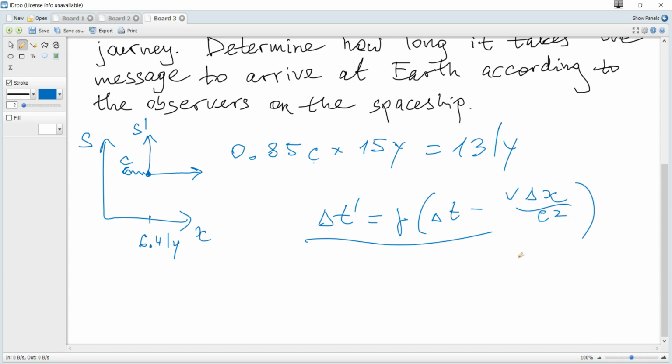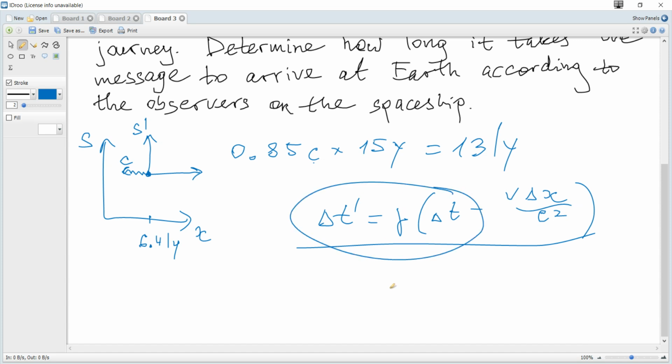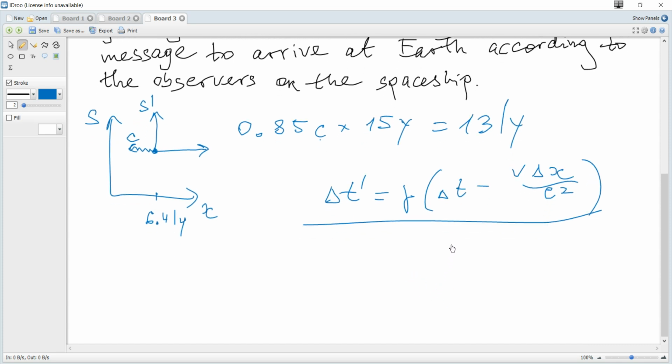When there is some additional travel, for example a signal is sent, usually a signal which is light, you should use this formula, not just time dilation or length contraction, where length is divided by gamma. And we need to substitute correctly.